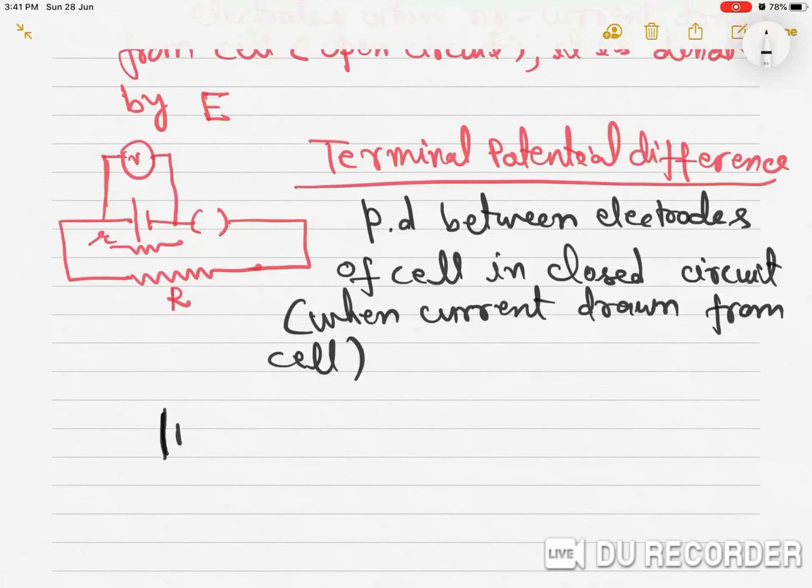This is a battery or cell and an external resistance is connected with it.